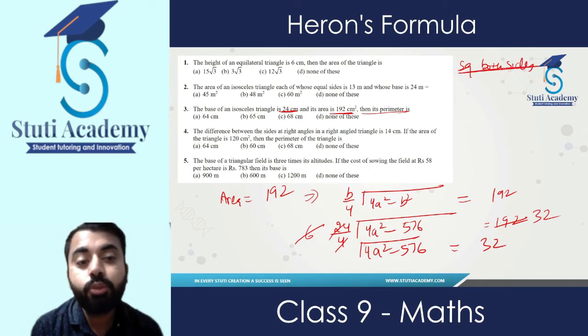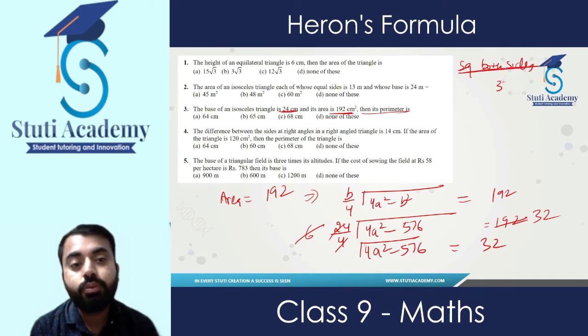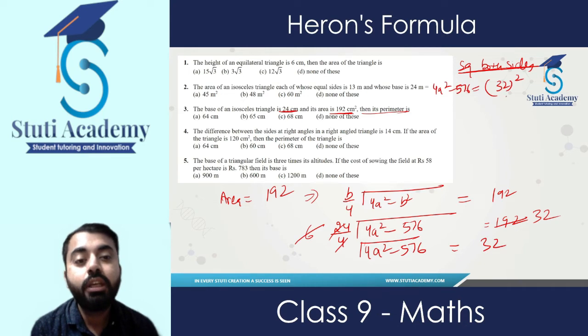So squaring both sides, I get the square of 32 equals 4a square minus 576. The square of 32 is what? You can solve this out, or you can simply say 2 raised to power 5, and it will be 2 raised to power 10. 2 raised to power 10 is 1024.